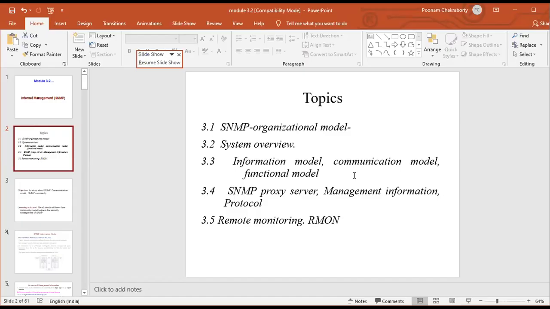So if SNMP version 1 communication model अगर पूछा, so how is the manager communicating with the agent using those 5 commands? And if SNMP version 1 architecture also, if they are asking, you need to explain the entire architecture, you need to explain those 5 messages. So please remember that communication model and architecture of SNMP remains the same.